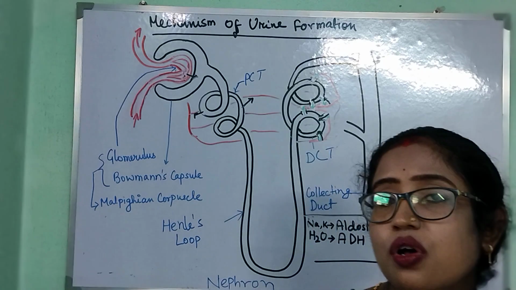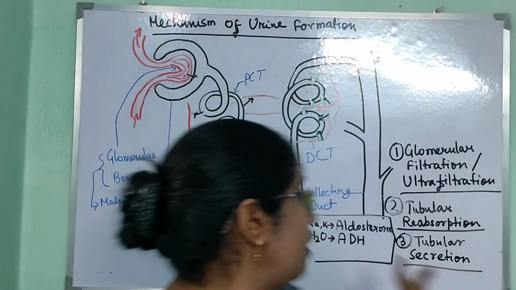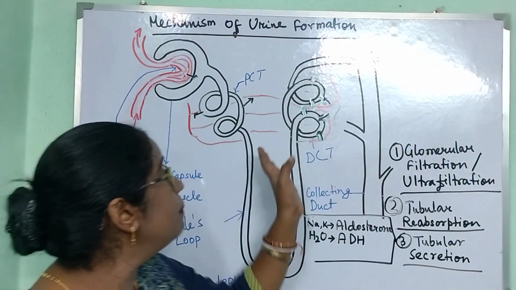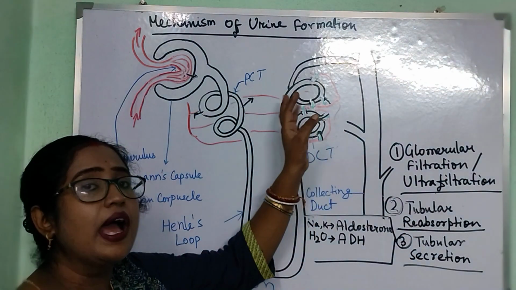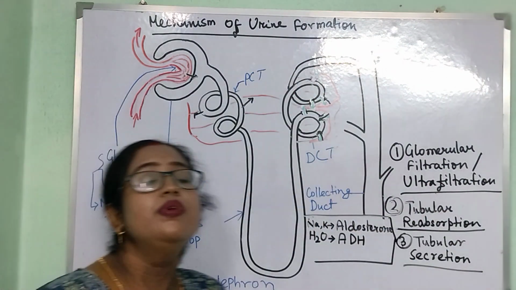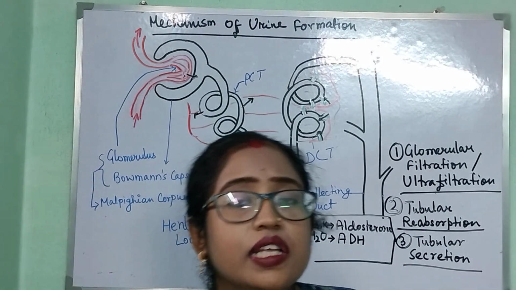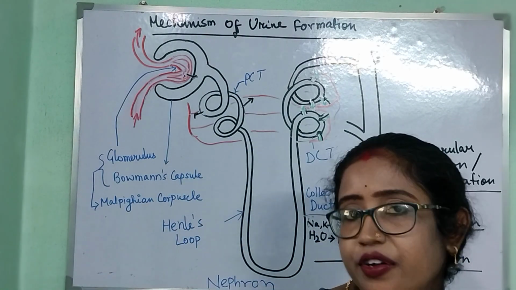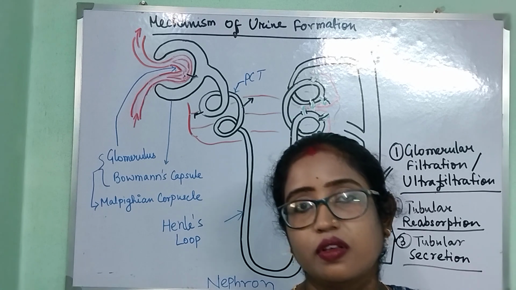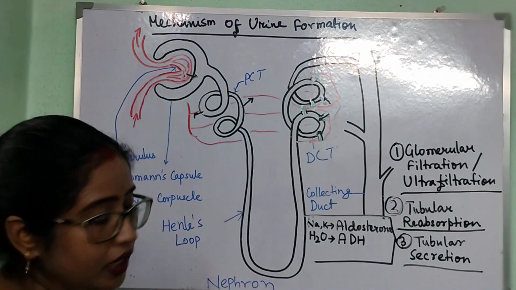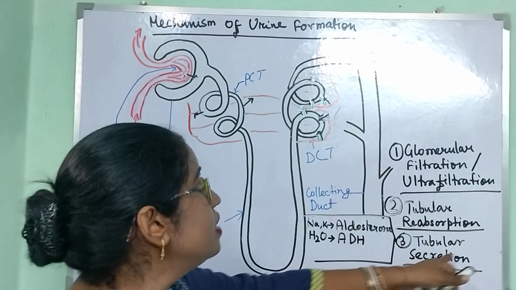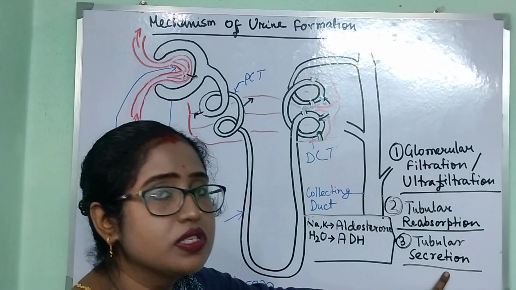After the reabsorption process is completed in the DCT, tubular secretion occurs, and the fluid is known as urine, which contains only the waste materials along with the water portion. Why tubular secretion?